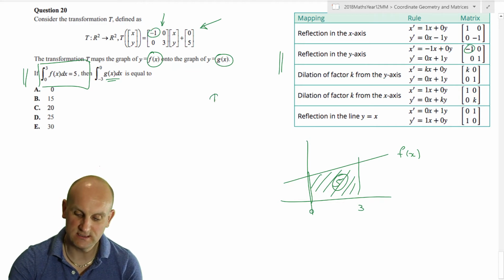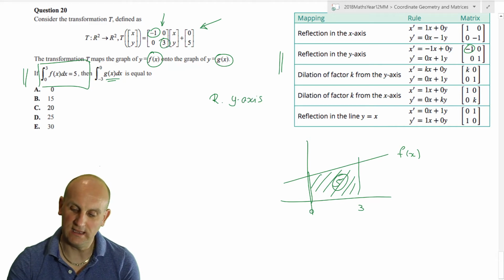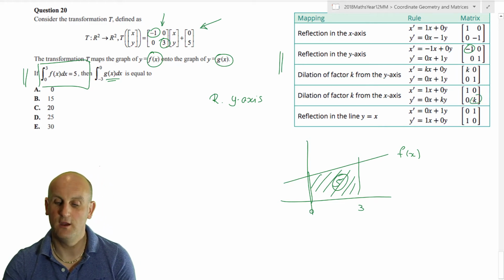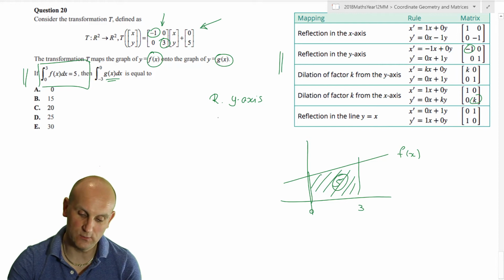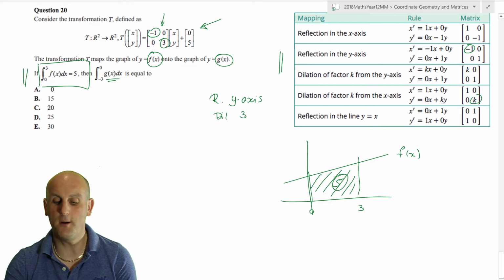So there is, somewhere here, a reflection in my y-axis. And this 3 down here seems to be created by a dilation of factor k from my x-axis. All right, so in which case I then have a dilation of factor 3 from my x-axis.